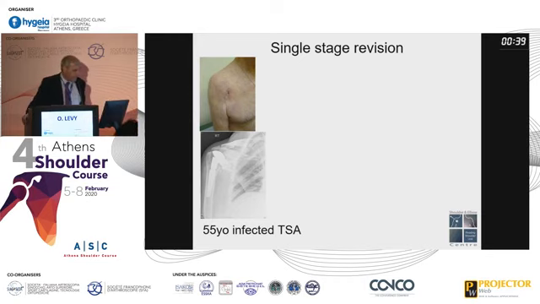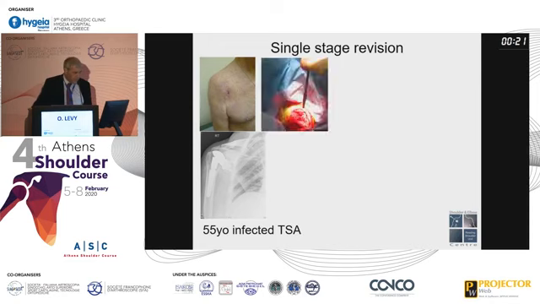So this is an example. This gentleman had this stemmed total shoulder replacement, was quite happy with that, and then he developed an infection in his toe, and this jumped into the shoulder. This was a colleague of mine that asked me if I can take over this guy. You can see he's got a sinus. So I actually took over, and I was lucky enough, because this is a very difficult implant to remove.